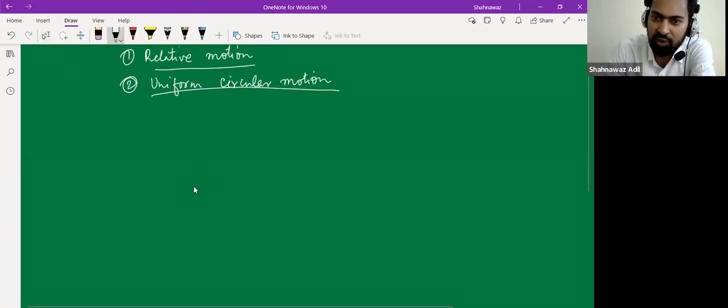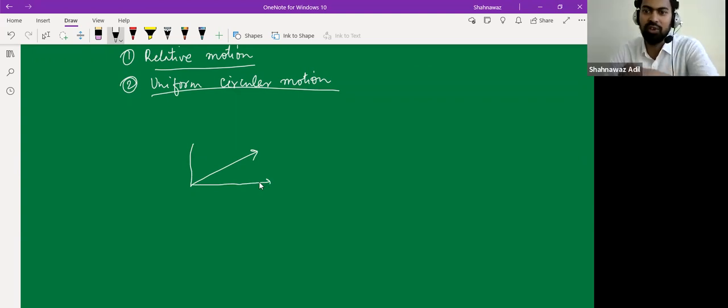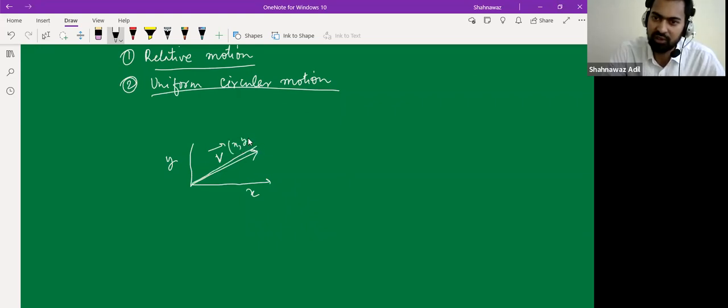So if you have a moving body in a plane, right? So this board is a plane where you have two coordinates. So this is X coordinate, this is Y coordinate, and some vector or some body is moving in this direction. So it is moving in the X direction as well as the Y direction.